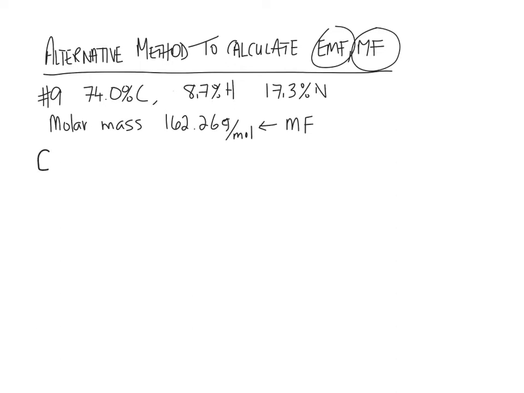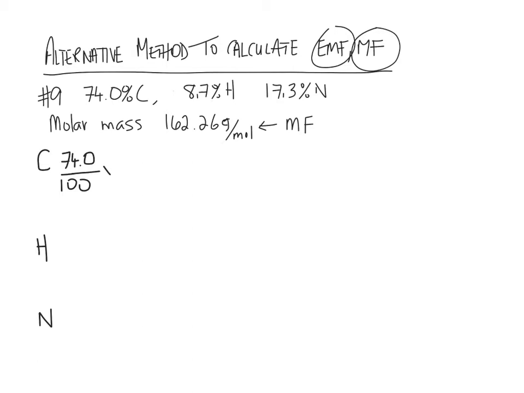So we're going to do carbon, hydrogen, and then nitrogen. So if it's 74% carbon, we can write that as 74 over 100, or you can write it 0.74.